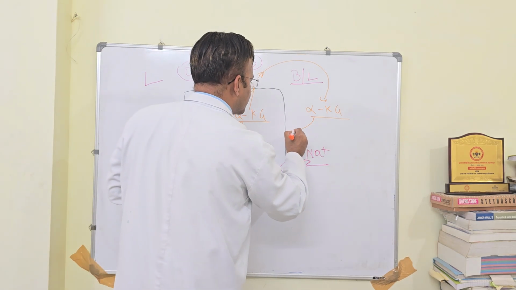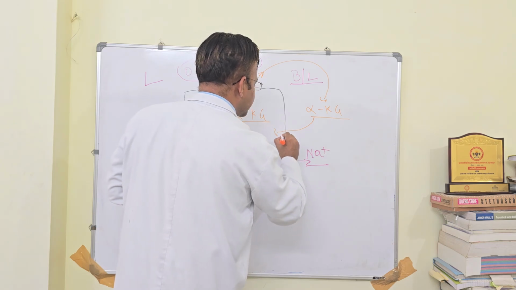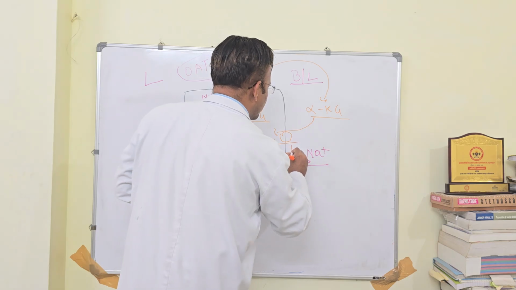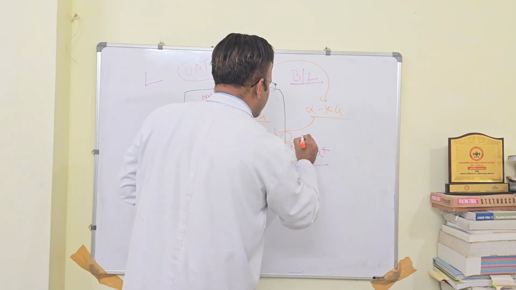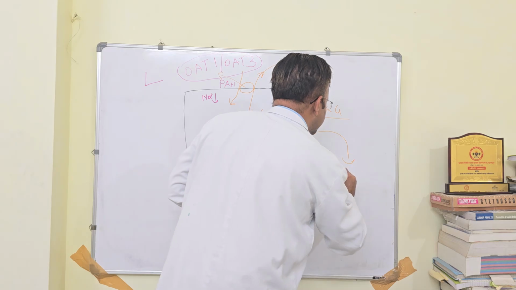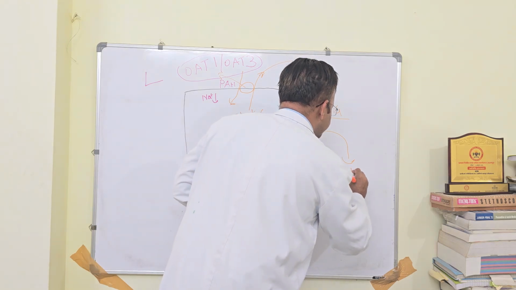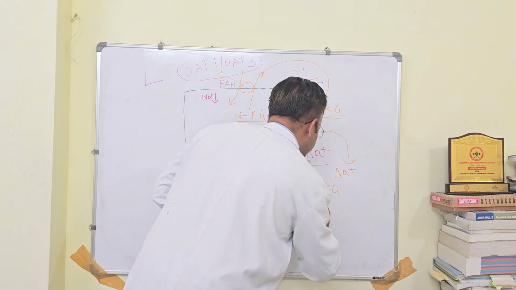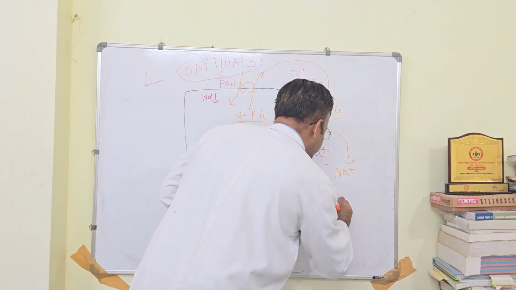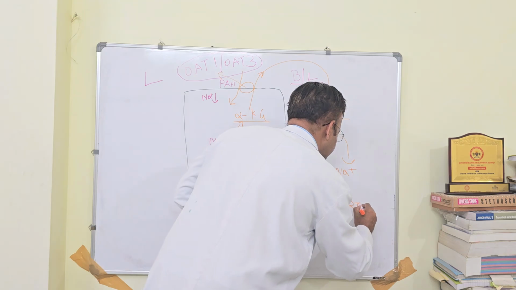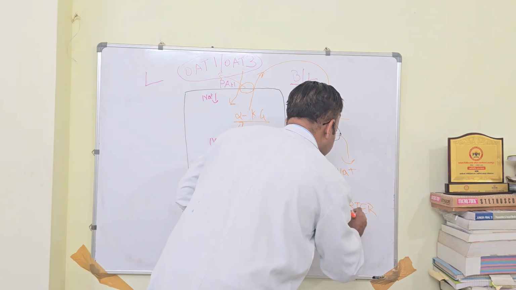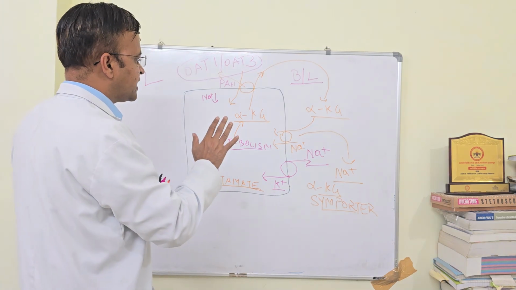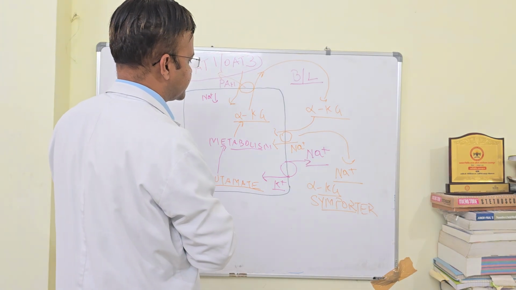So now this alpha ketoglutarate will utilize this gradient to enter inside along with sodium with the help of the sodium alpha ketoglutarate symporter.